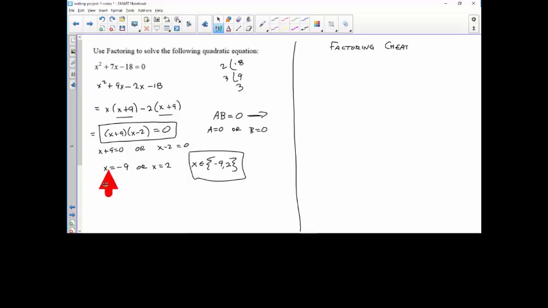If I know that x equals minus 9 makes it 0, I know that x minus a minus 9 is a factor. If I know that x equals 2 makes that thing 0, I know that x minus 2 is a factor. So I can go from the zeros back to the factors really easily. So when in doubt, get out your sledgehammer.